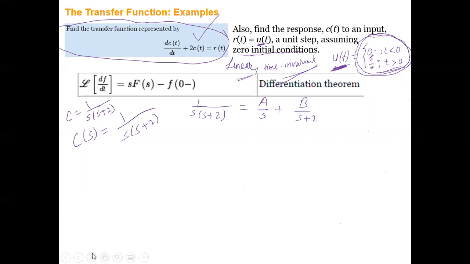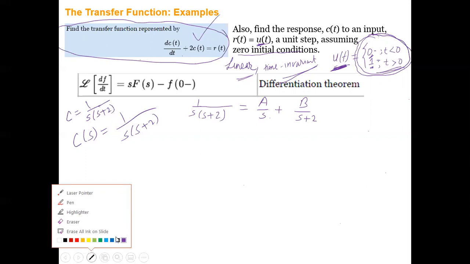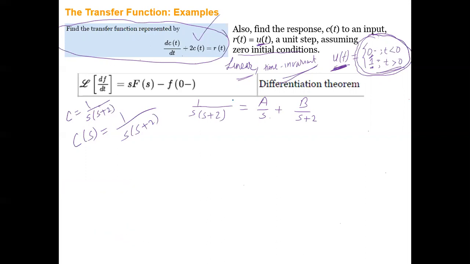To take the LCM, multiply by s plus 2 on the top and bottom of the first, and by s on the top and bottom of the second. Now your denominator is the same, so you have A times (s plus 2) plus B times s, divided by s(s plus 2), which equals 1 over s(s plus 2). So far so good. Now the denominators cancel out.